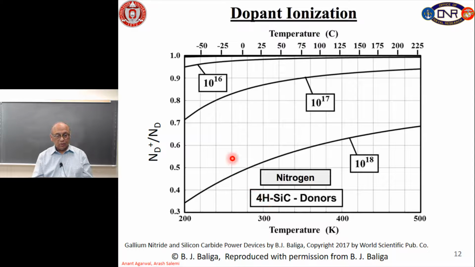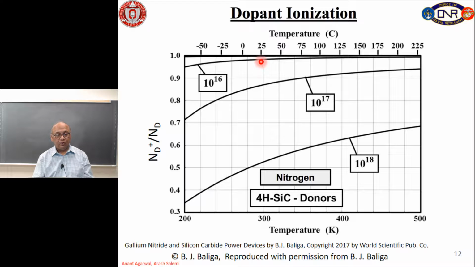So, we have plotted this fraction, Nd plus over Nd, as a function of doping Nd. For 10 to the 16 doping in silicon carbide, for example, doped with donor nitrogen, you can see as we raise the temperature, we can get more and more ionization.